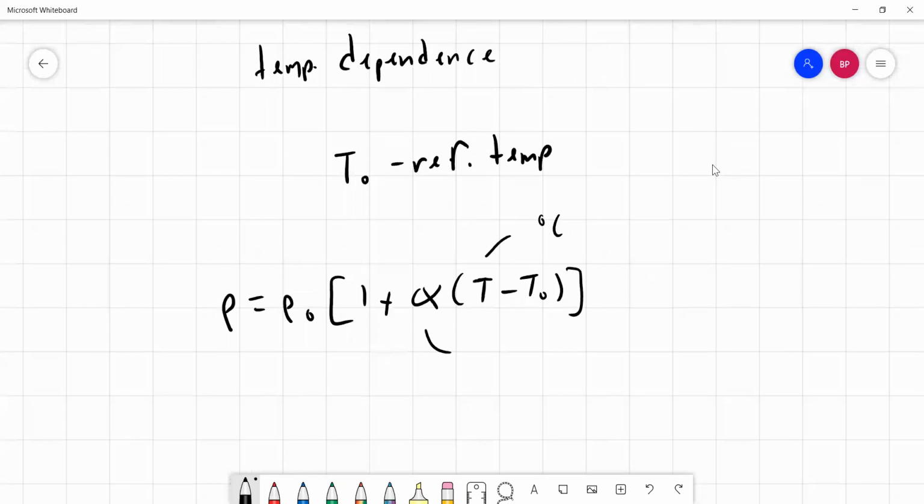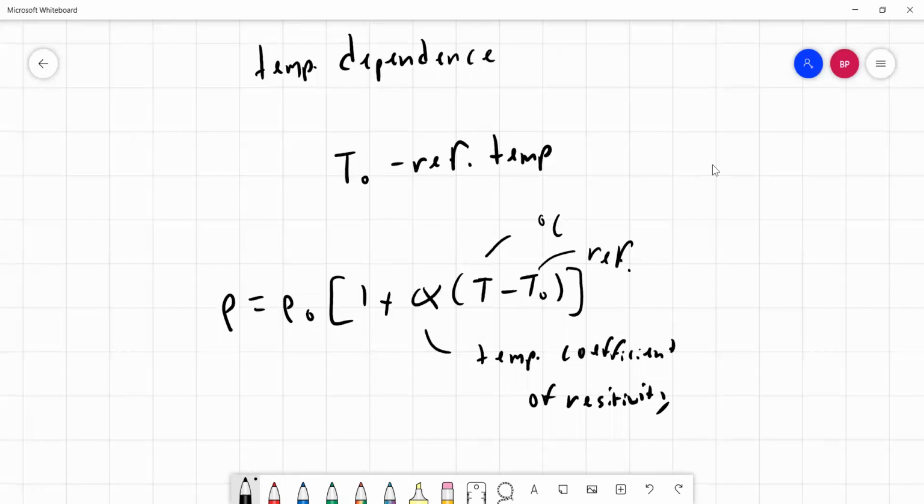Our alpha here is called the temperature coefficient of resistivity. And as we said, this was our reference temp. So as long as we don't get too far away from whatever this reference temperature is, this equation works well. So we can see that the resistivity increases as long as alpha is positive as the temperature increases.